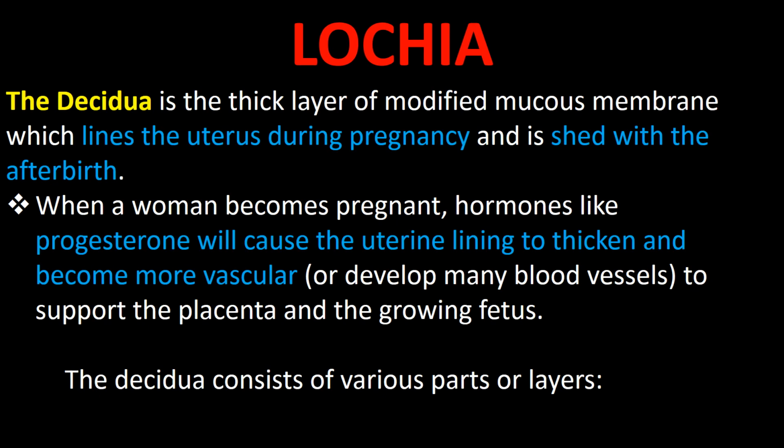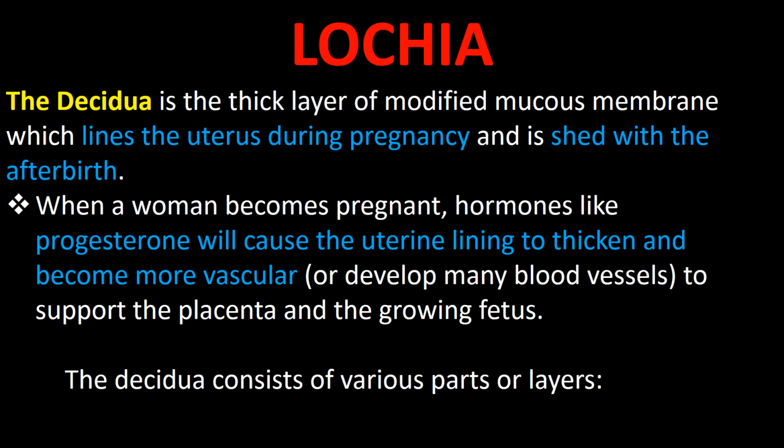Another very interesting topic in the fourth stage of labor is lochia. So, where does this lochia come from? The decidua is the thick layer of modified mucous membrane which lines the uterus during pregnancy and is shed within the first days after childbirth.